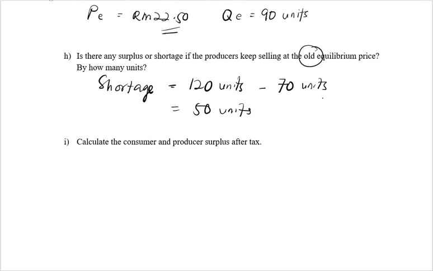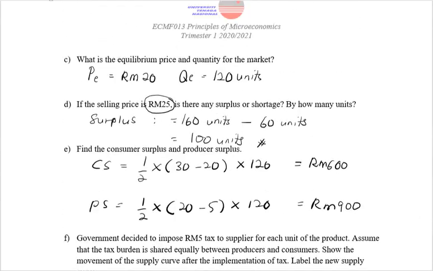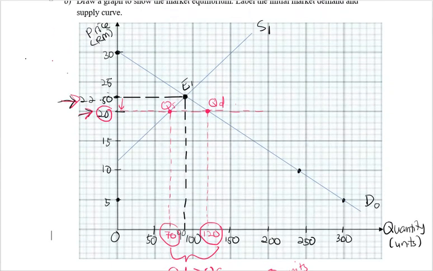Okay, question I. Calculate the consumer and producer surplus after tax. So now you will have a new area of triangle. I will clear this first to show you the area of consumer surplus and producer surplus.